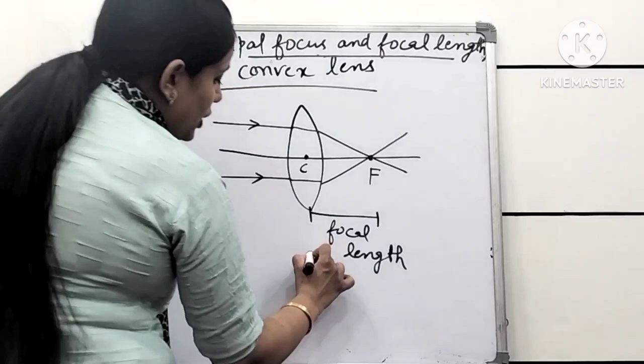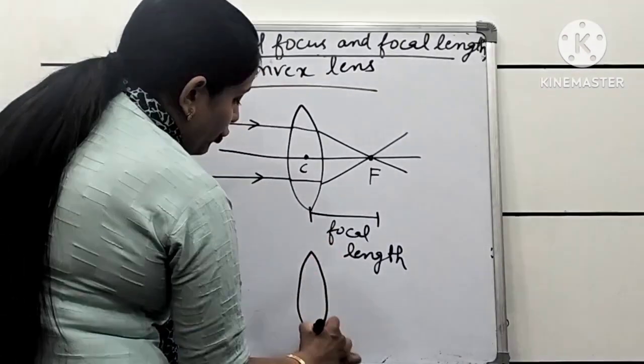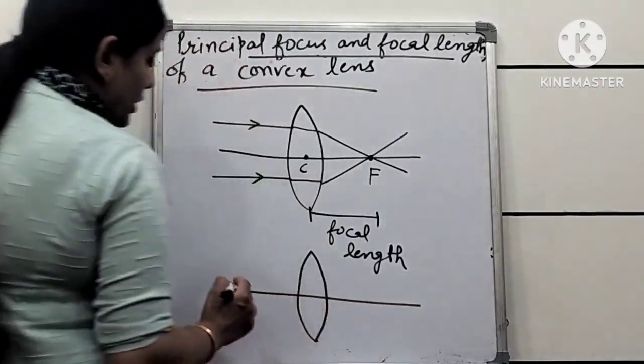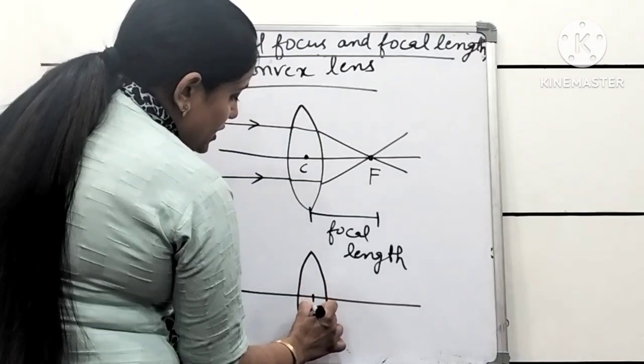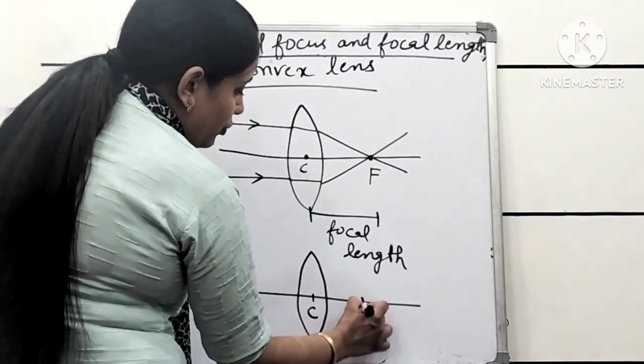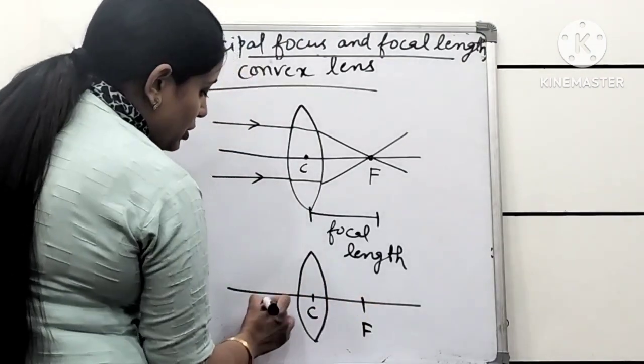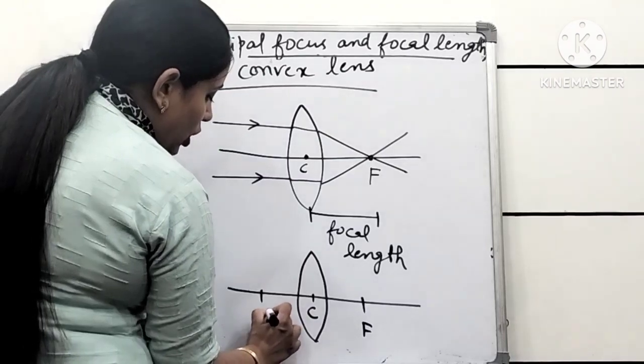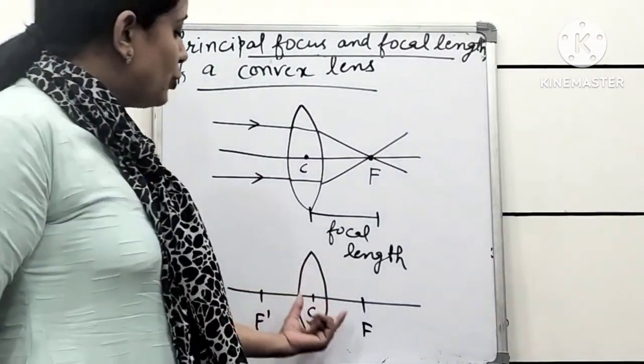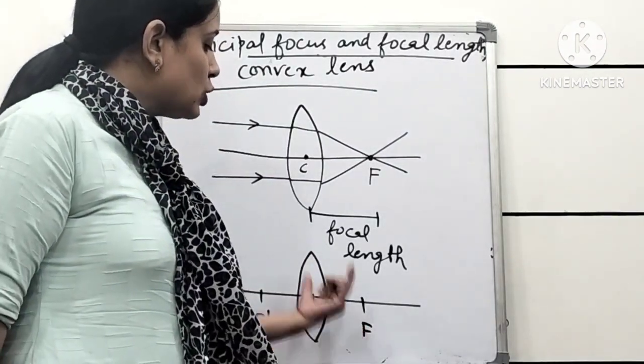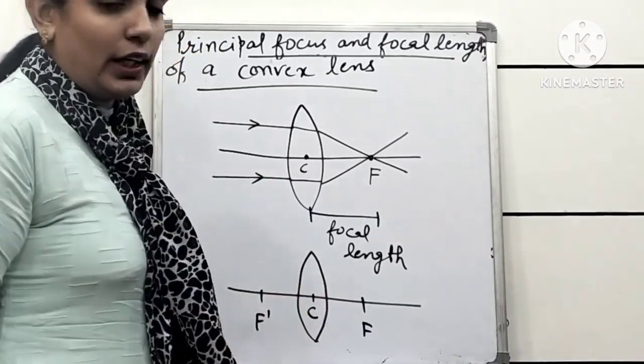In the case of a lens, there are two focus points, at the same distance from the optical center. If there is a focus point here, then at the same distance in this direction there is also a focus point. The distance between the optical center and the focus point is known as the focal length.